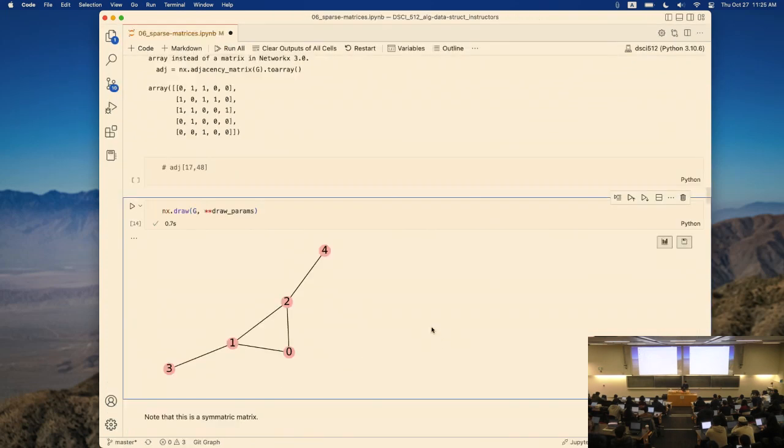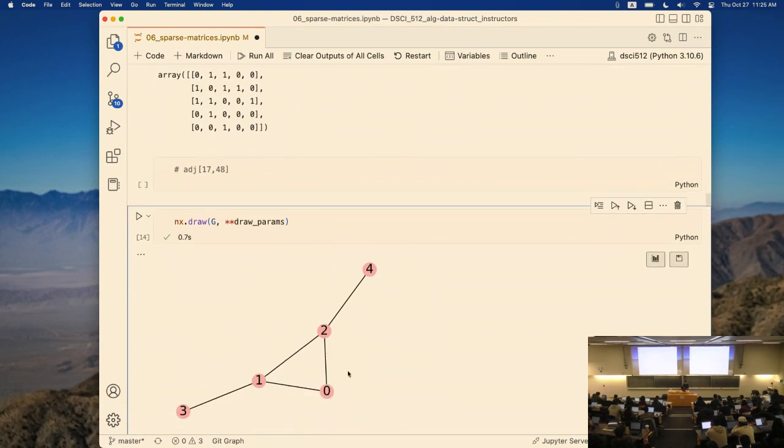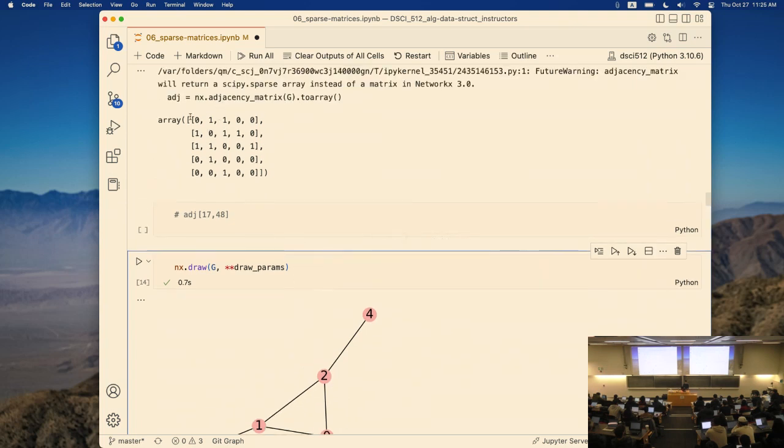I have to zoom out, sorry. Node 0 is connected to 1 and to 2, and here on this matrix, this row represents node 0, and the columns represent other nodes. So we see a value of 1 for index 1 and for index 2, basically saying that this node is connected to these two other nodes.